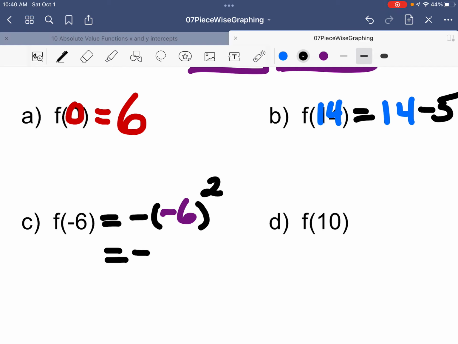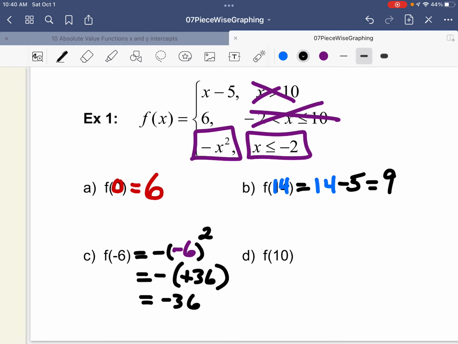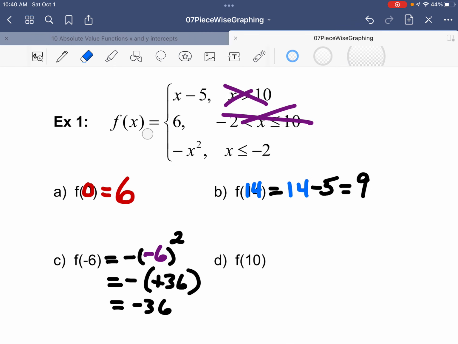So what's -6 squared? Well, of course, it's positive 36. But you see, there's still a negative sign that's been out front of this equation from the beginning. And that negative sign is going to switch my 36 to be a -36. Okay, but the whole point is that I only plugged into one of the pieces. I plugged into the last piece.